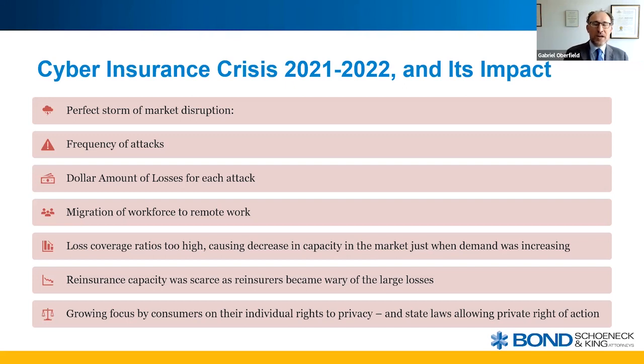And we saw capacity in the market decreasing just at the time when the demand, the need for protection, was all the more patent than it ever had been. Reinsurers were also absorbing the ramifications, as it were, of that highly volatile marketplace. And then you combine that with these privacy regulations I mentioned a moment ago.